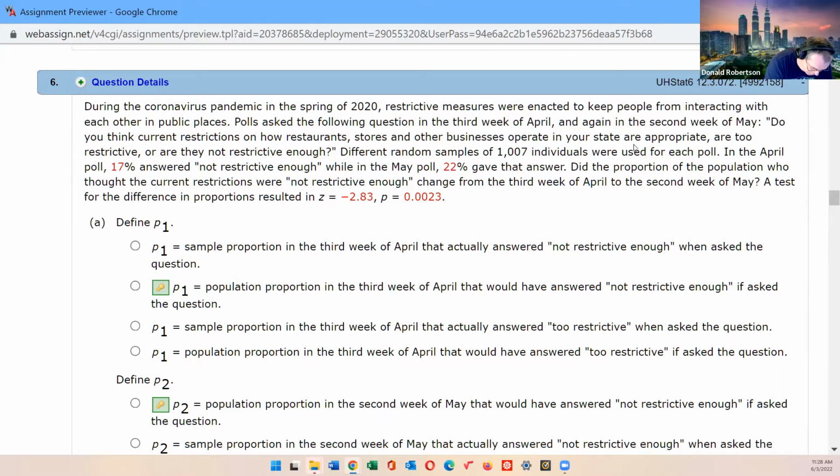In May, they conducted the same poll, and in May they asked, I'm assuming, the same number, and it had changed.